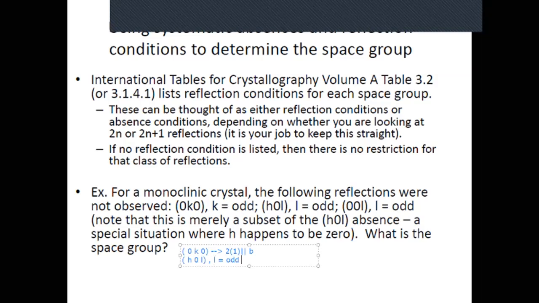And so what does this mean? Since L is odd, we translate along L and we made B negative, so this would be a C glide perpendicular to B.